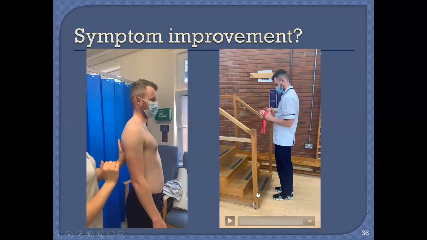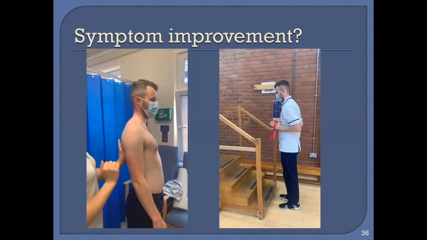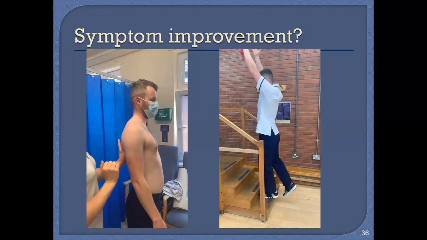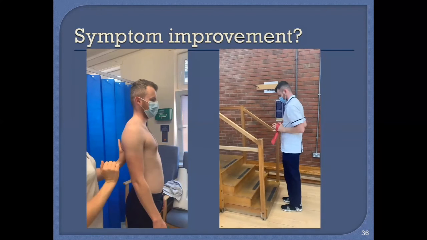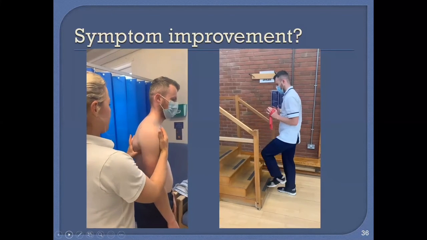You can see this is getting the kinetic chain working, you're getting some posterior cuff activation, getting glutes firing up. So often the more dynamic you can make your exercises, the more proprioceptive input, the more cuff input, the better these patients are. A slight caveat: if they're fairly simple, straightforward muscle patterning patients.